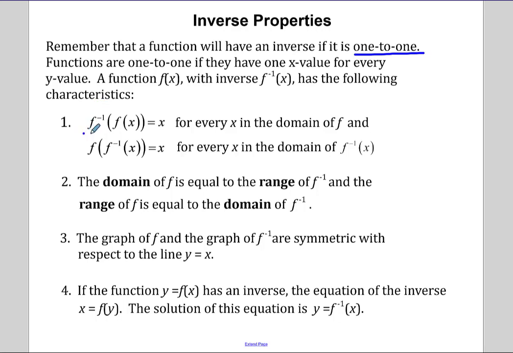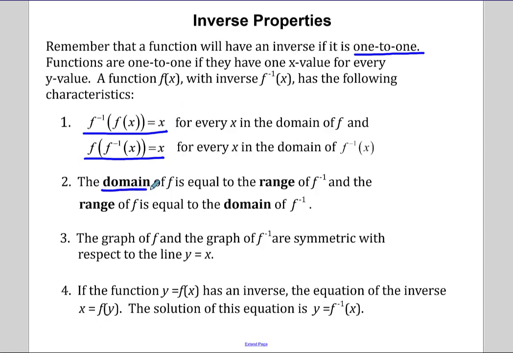If we do a composition of the inverse with the function, we'll get the identity function x. Alternately, if we do the composition of the function with its inverse, we will also get the identity function x. If they're both equal to x, it has to be both compositions, then we know that they are inverses of each other.